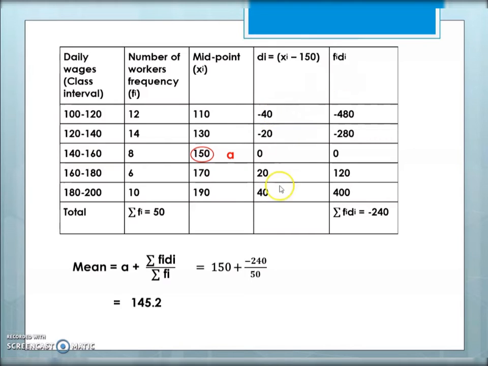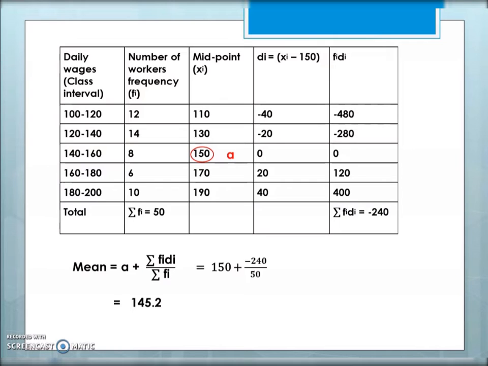So suppose if I divide this entire column by 20, I will get here minus 2, minus 1, 0, 1 and 2. Now those numbers are even smaller than these di's. So ui will be a very small number and very easy to find fi ui. So you will find fi ui, then summation of fi ui, and formula will again change.